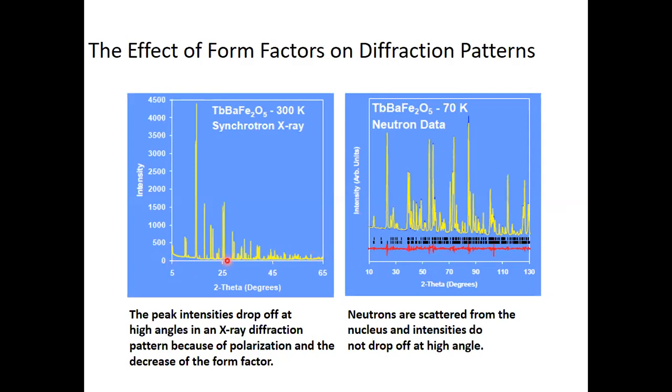So this here is the typical range, well, 5 to 65, in which you can still get reasonably high intensities. If you go beyond 65, then it becomes a lot more difficult. So you see here, in the case of the neutron diffraction, you go to 130 degrees and you can still see peaks very clearly. Okay, thank you. All right.